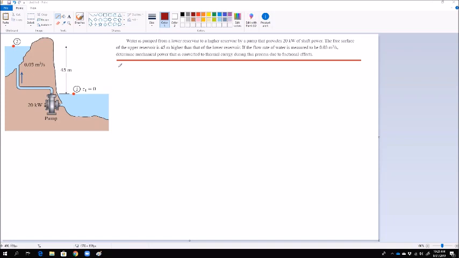So starting from this equation, Q dot in minus Q dot out plus W dot in minus W dot out plus E dot in minus E dot out is equal to the change in rate of energy of the system.